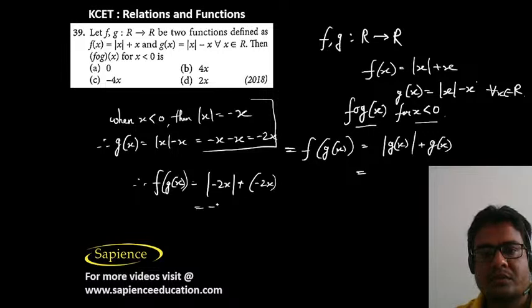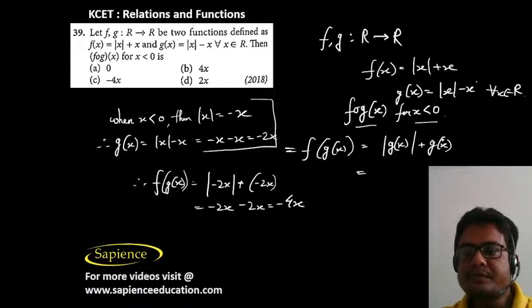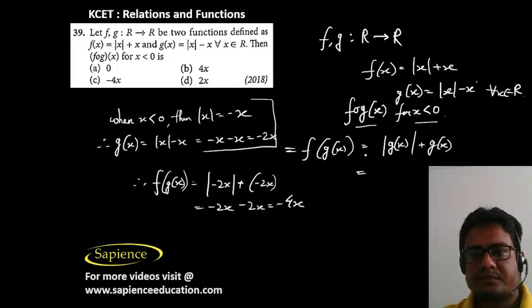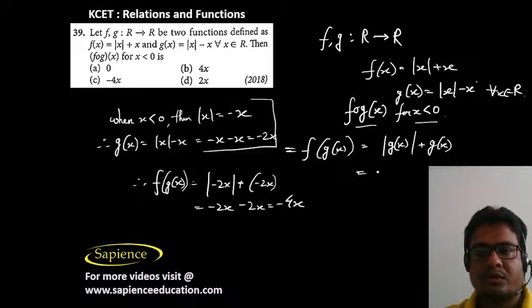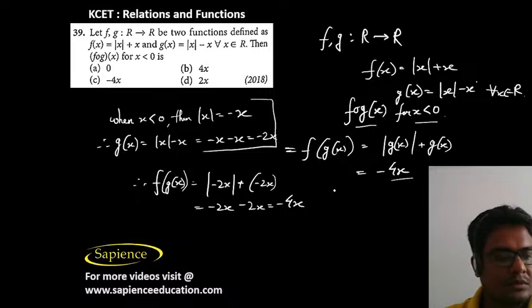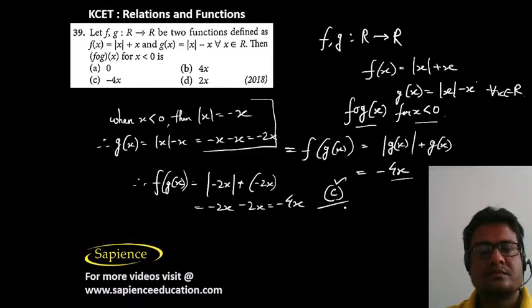Since x is negative, mod of minus 2x will be minus 2x, so this will be minus 2x plus minus 2x, that is minus 4x. So option C is the correct answer.